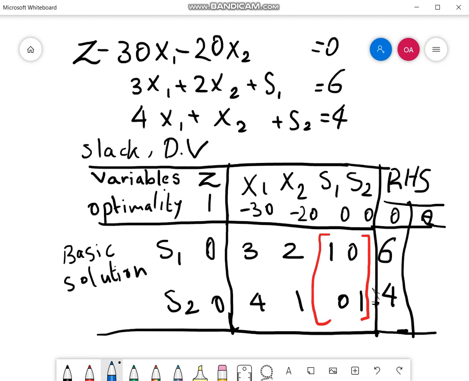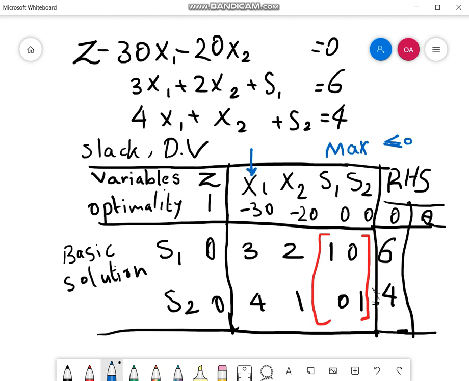So if you have one option to produce between two products, then as a maximization problem, always look only at the one that has the biggest amount with a minus. As the optimality row is less than or equal to 0, we didn't reach our optimality condition.